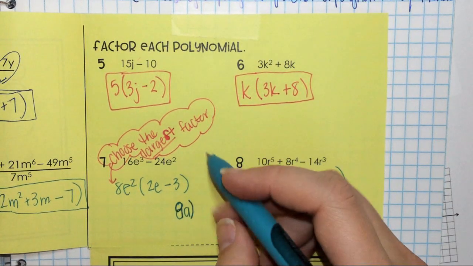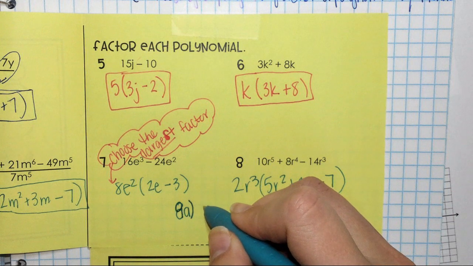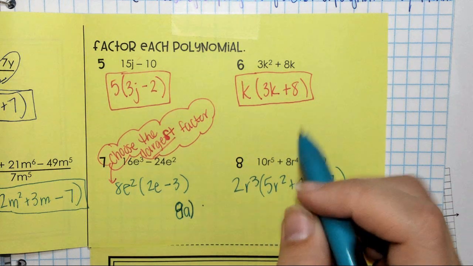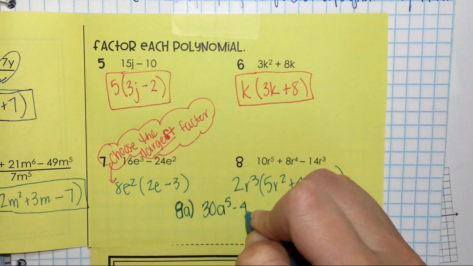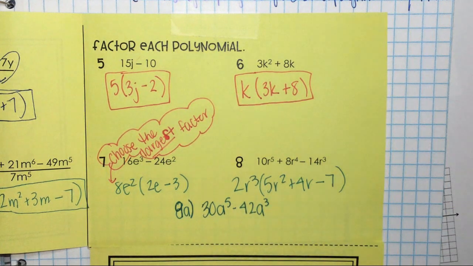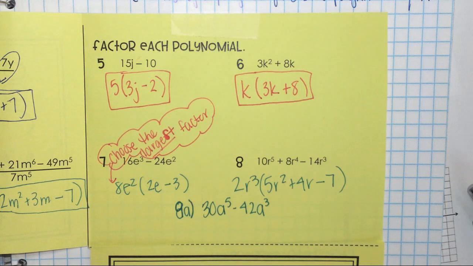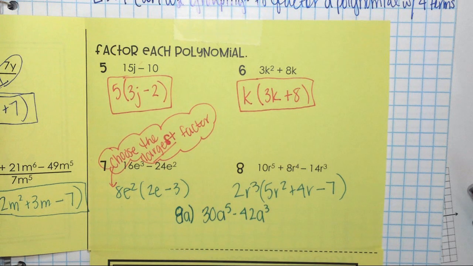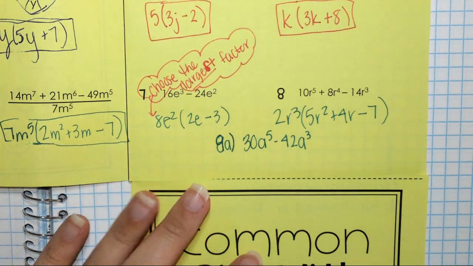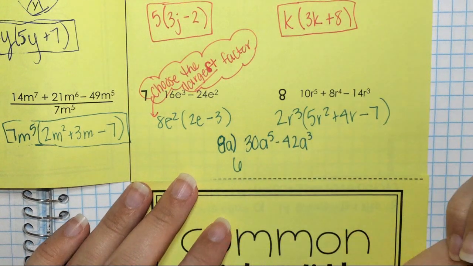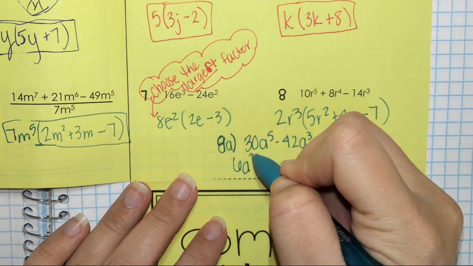And I'm going to say, for this one, what'd you get for the GCF? 6a cubed.